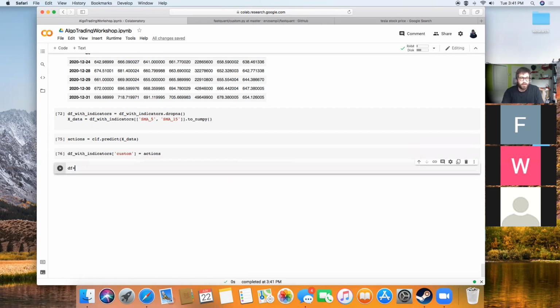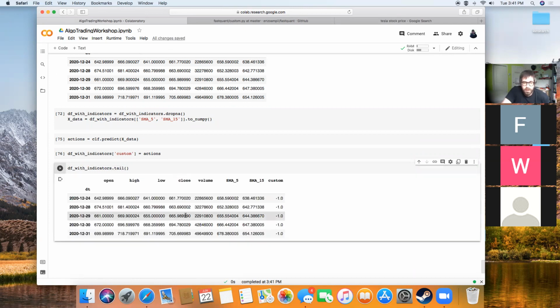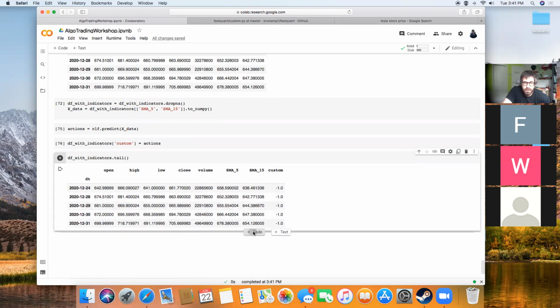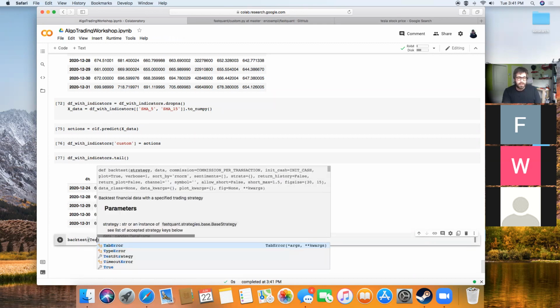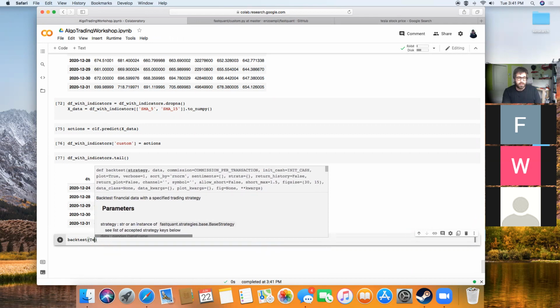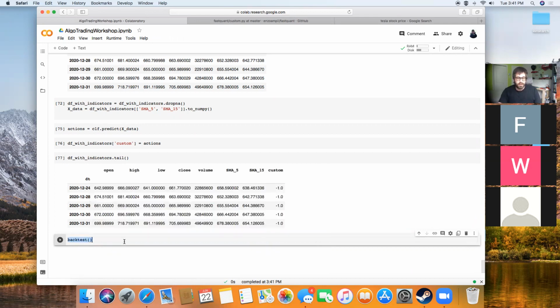Now, if we have a peek at our data, as part of our data, we have the 2 indicators, and we have a column called custom, which has the action that we want the strategy to follow. And now all we need to do is call backtest with the ternary strategy, which I think we did not import. So let's import.